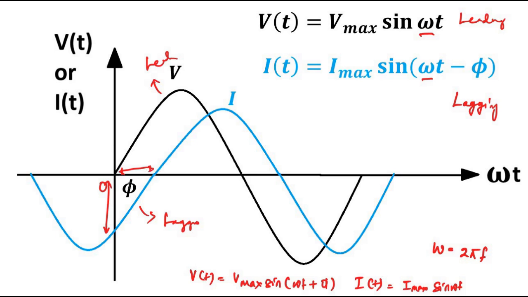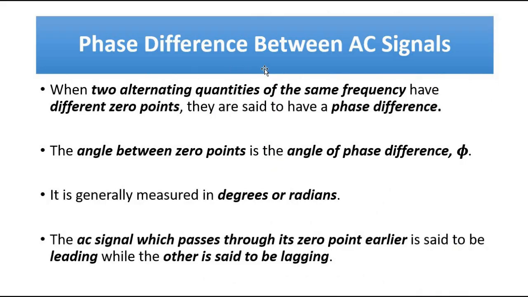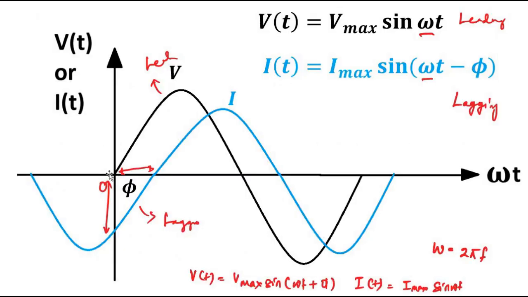So this is the concept of phase difference between two AC signals, and two alternating quantities can only be compared for phase difference when they have the same frequency, or same angular frequency. So it is the difference between the 0 points. Here the 0 point of the voltage signal is at the origin, and the 0 point of the current signal is here.